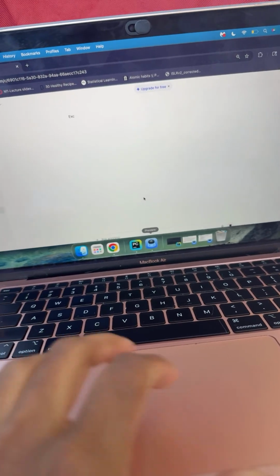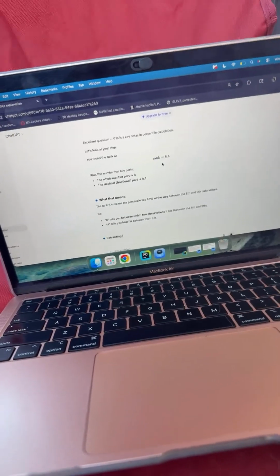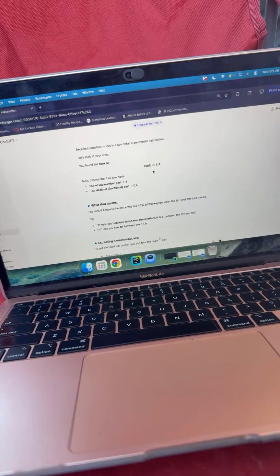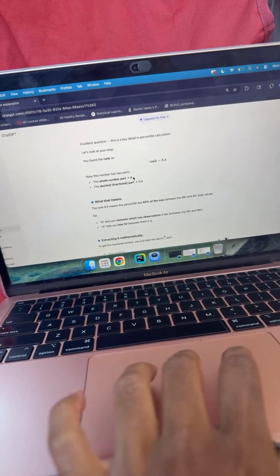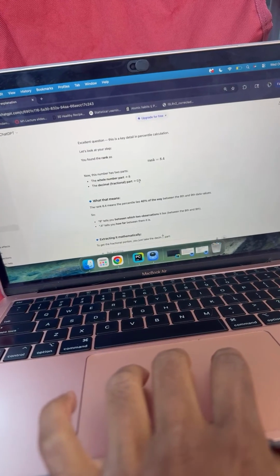Where were we? Okay. So the rank is 8.4, right? And then the decimal fraction part, the whole number part is 8. The decimal fraction part is 0.4.